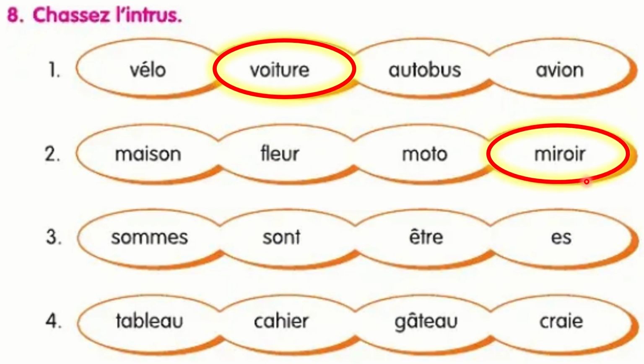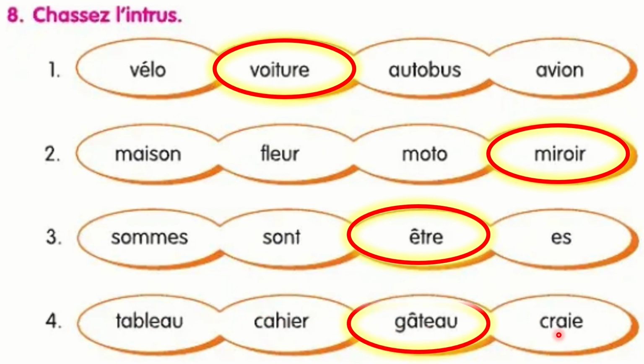So in this, miroir is the odd one out. Next we have sommes, son, être, et. So in this, être is the odd one out. That means to be. Well, this is the infinitive of the verb and all the other three are its conjugations. Now in the fourth part, we can see tableau, cahier, gâteau, cri. So in this, gâteau is the odd one out.